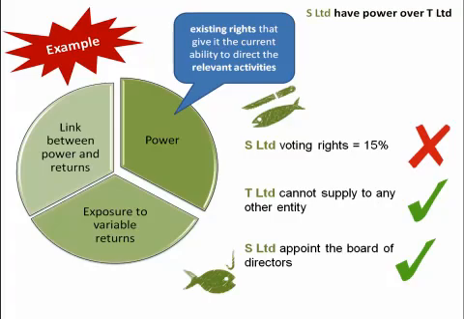Therefore, the voting rights will not give them power over T Limited. The contract states that T Limited cannot supply to any other entity. This would indicate power over T Limited. And lastly, the contract also states that the board of directors will be appointed by S Limited, which further indicates power. Therefore, we can conclude that S Limited have power over T Limited.